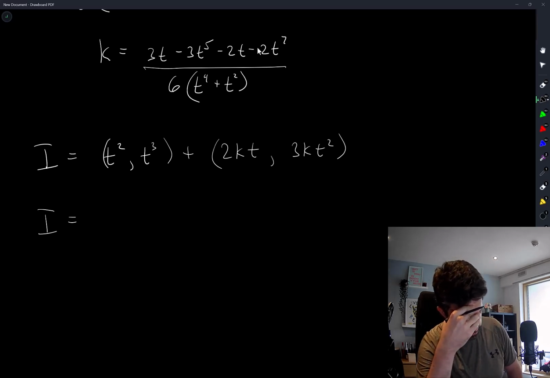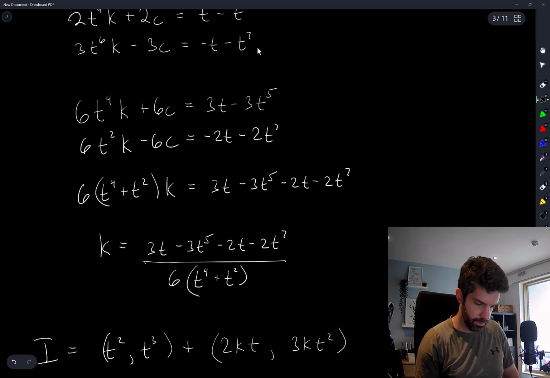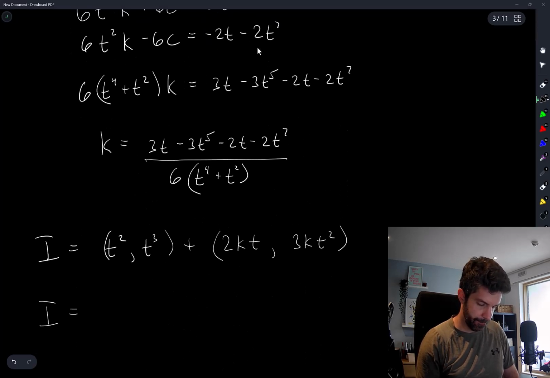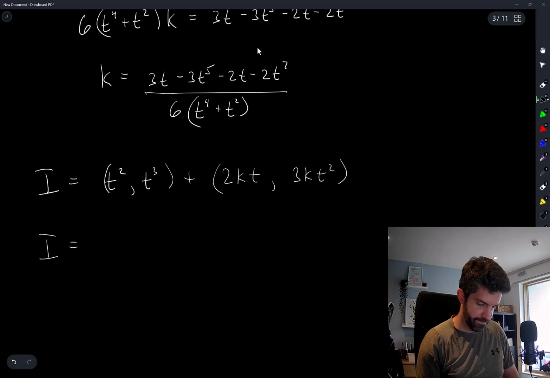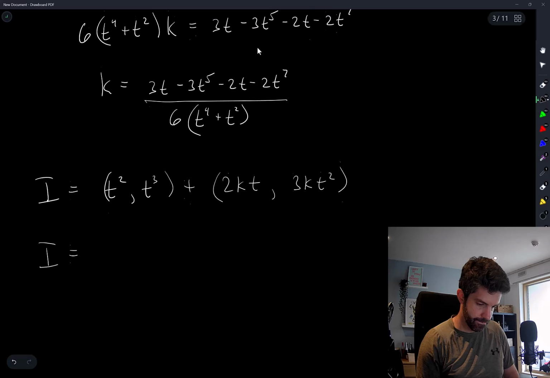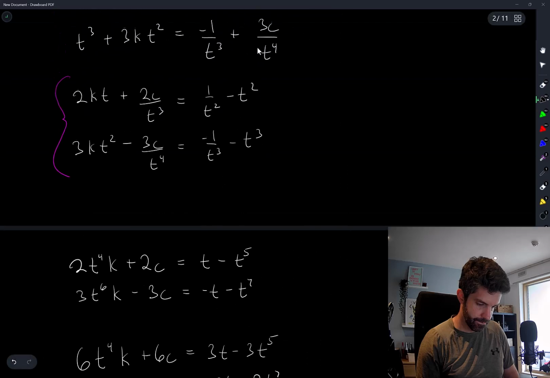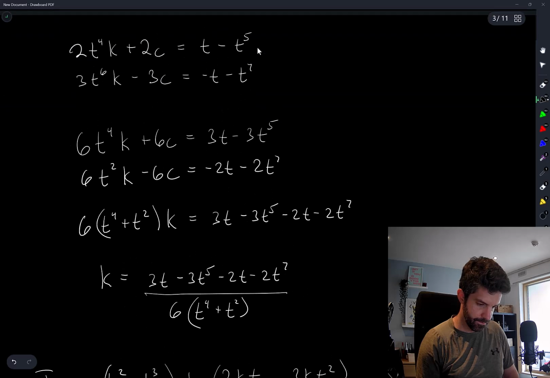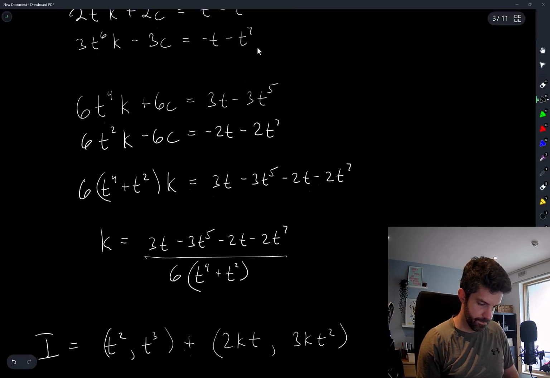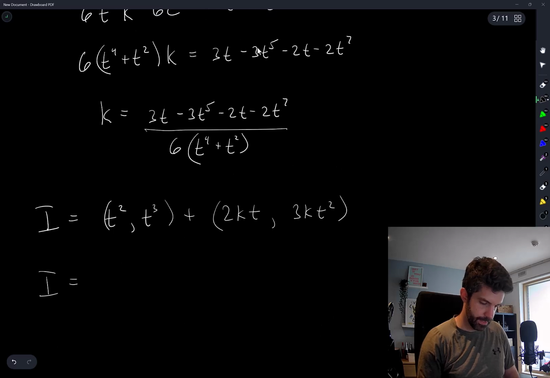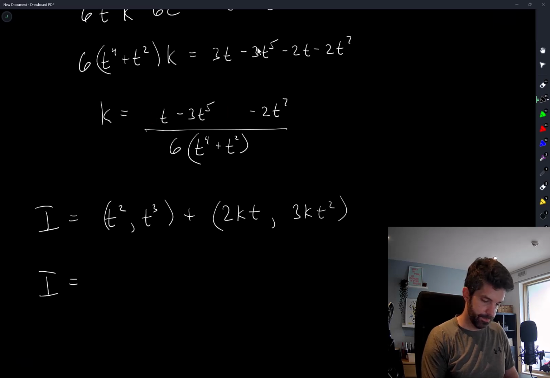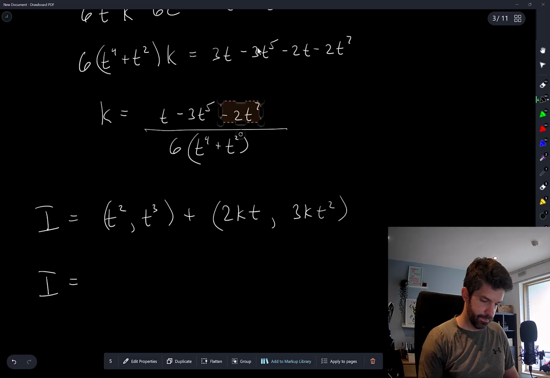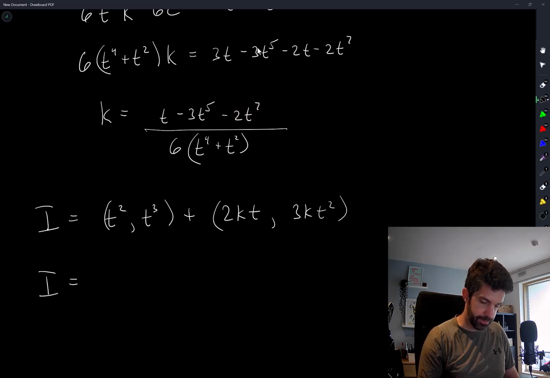Man, this is so messy. Hold on, there's something that simplifies here. That becomes just a single t. And I suppose we can cancel some t's here.